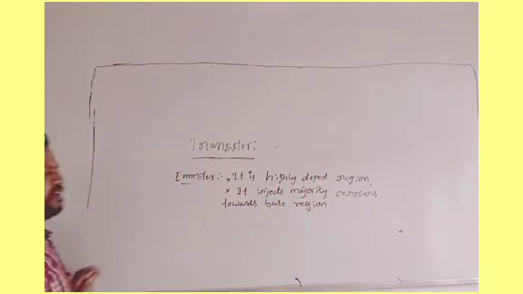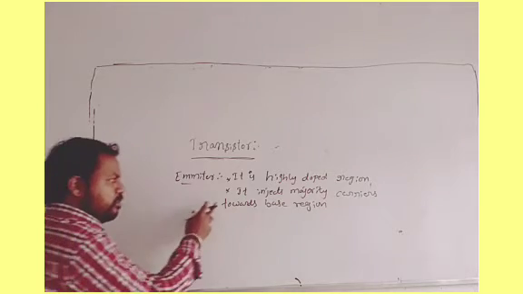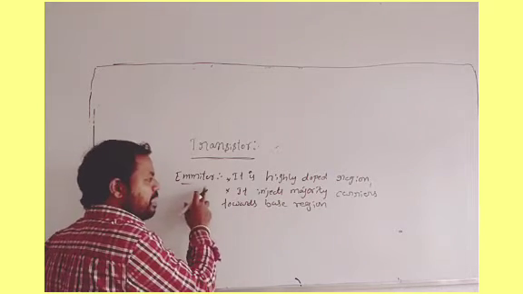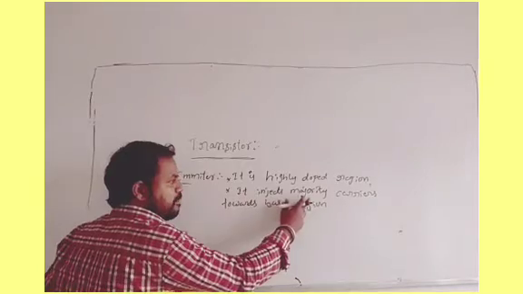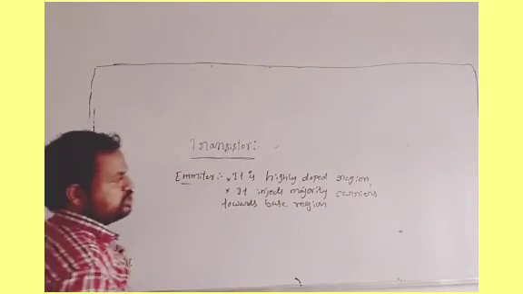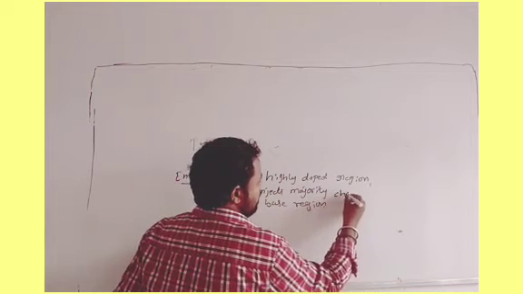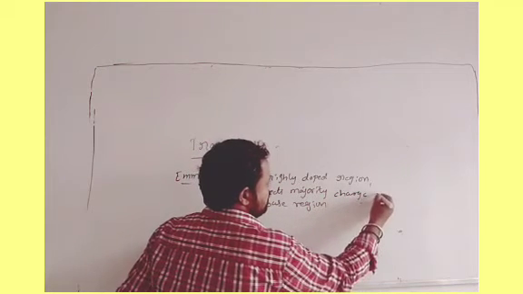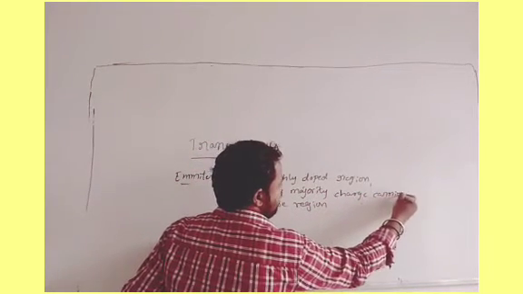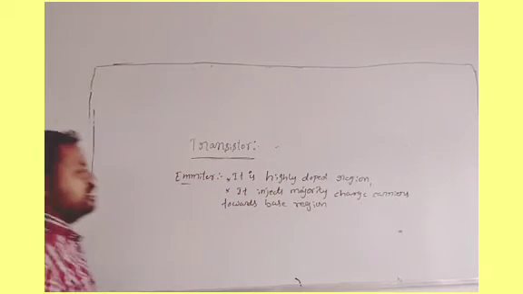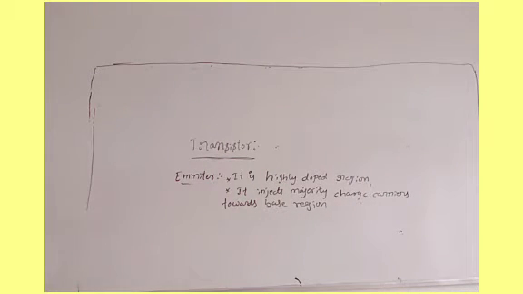This is a very important point we have to concentrate on: the emitter injects majority charge carriers towards the base region.